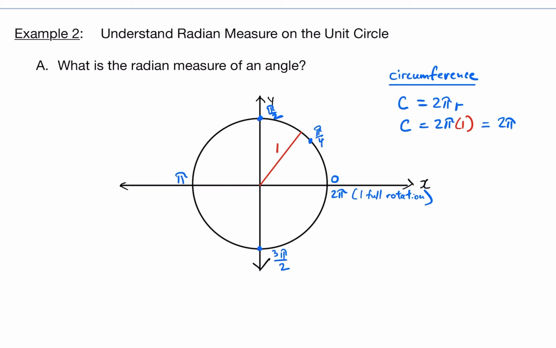And then on this side over here, going partway or halfway between pi over 2 and pi, we would have 3 pi over 4. And then going all the way over here would give us 5 pi over 4.